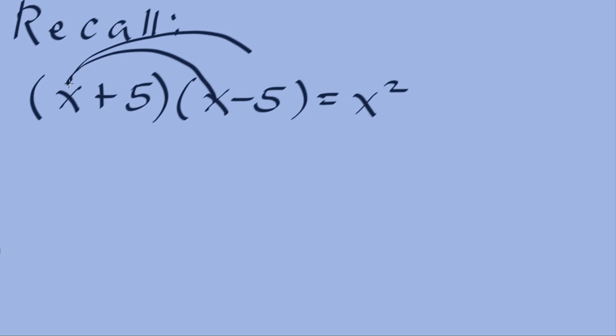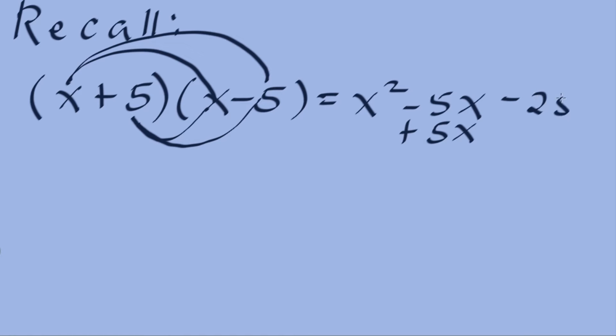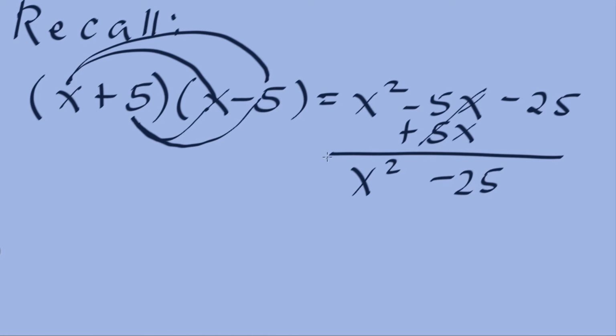And then what is x times negative 5? That's negative 5x. The next step, multiply 5 and x, that's positive 5x. And then multiply this 5 and negative 5, that's a negative 25. Combining like terms, we have this x squared. Now the middle terms will cancel away, so we have just x squared minus 25 as the product.